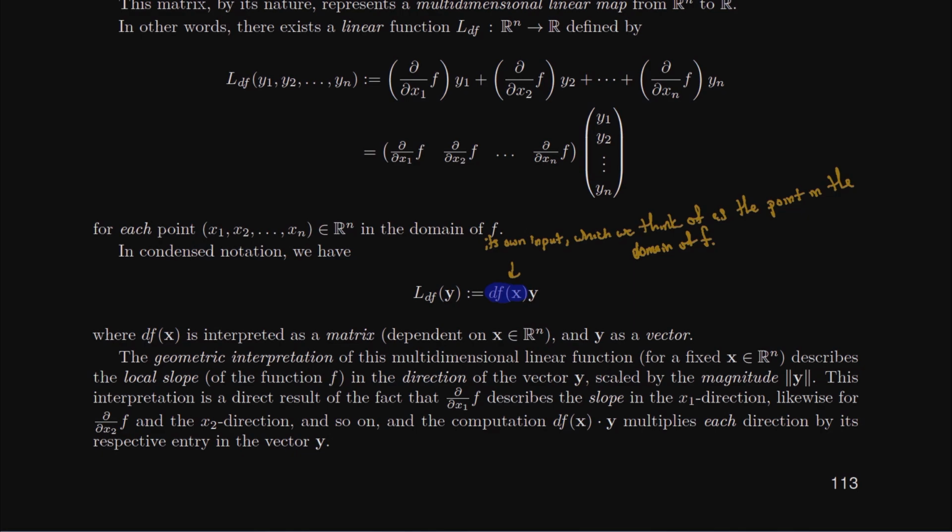So this is the point we're kind of finding the derivative at. And then there's this second input, which is really the input to the linear map. The second input we think of as a direction. Okay, so there's a directional input here, a direction in which the slope will be computed.